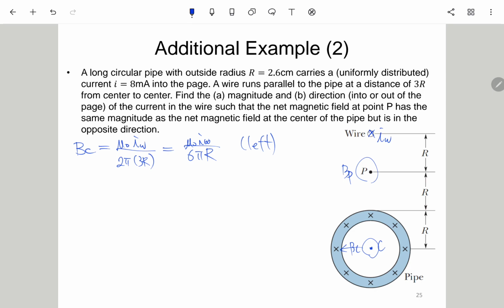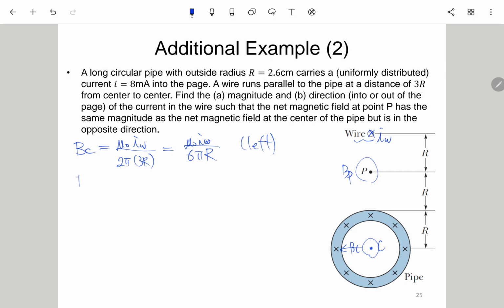If the current is actually going out of the page, then the answer will be negative, which means the current is actually going out of the page. So no matter what you assume, as long as you calculate correctly, you will still get the correct answer.